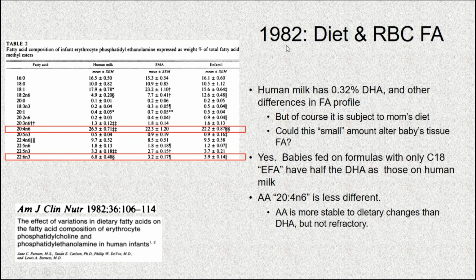A little bit later, and of course I won't go year by year because that will take far too long. But in 1982, as an example of a study, this paper was in the American Journal of Clinical Nutrition.